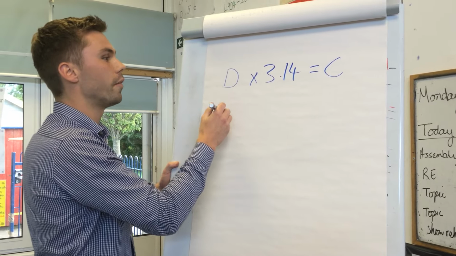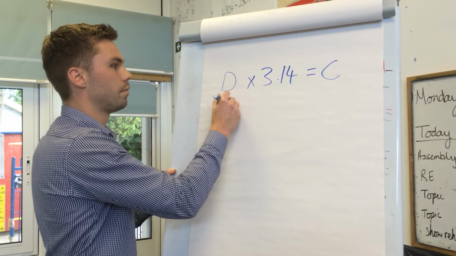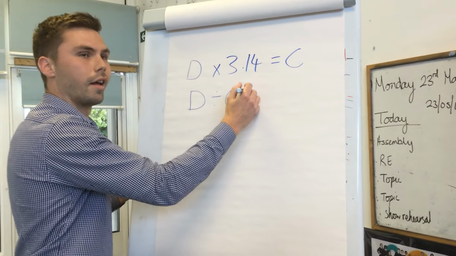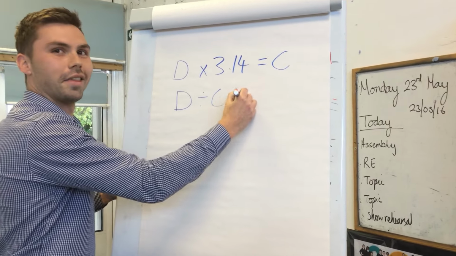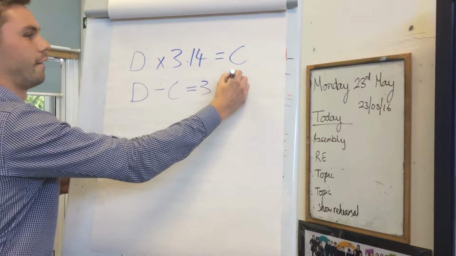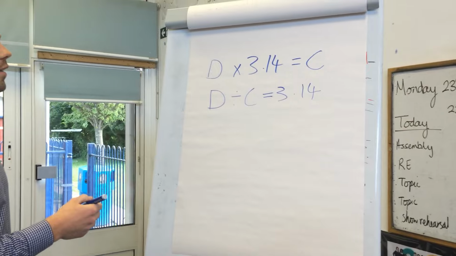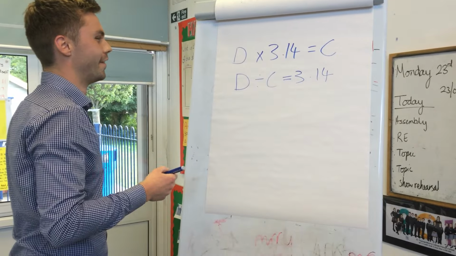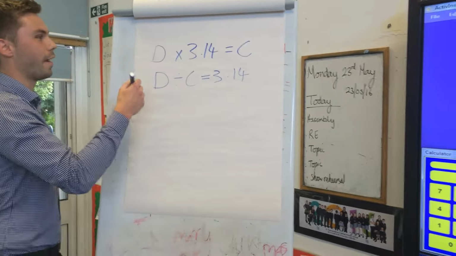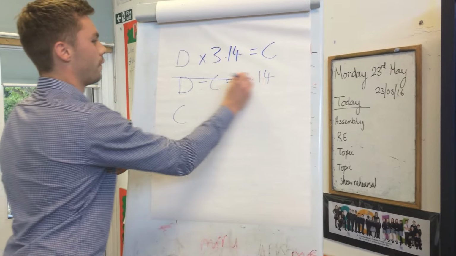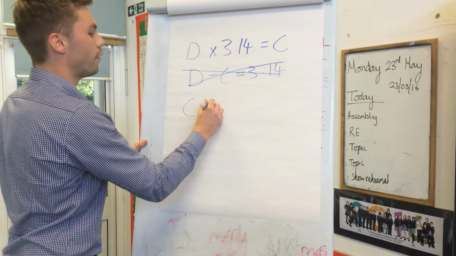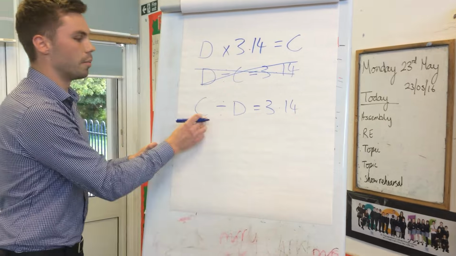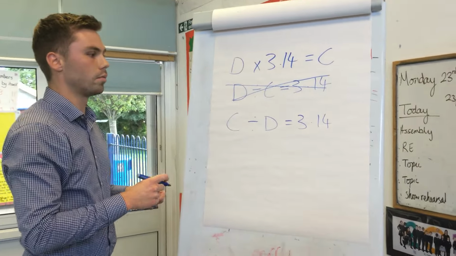So I now know from that, diameter divided by the circumference equals 3.14. No, that's not right. Oh, it's going to be C. That's wrong. It's going to be circumference divided by diameter is going to be 3.14. Because this is going to be the bigger number because it's all the way around the edge of the circle.